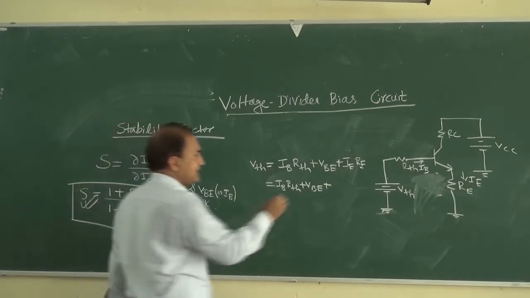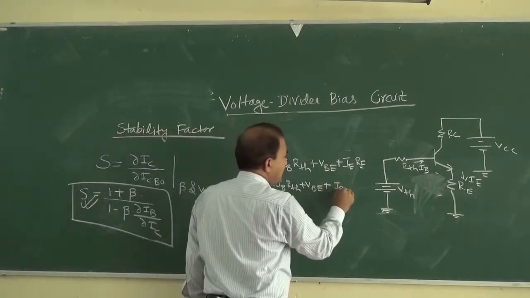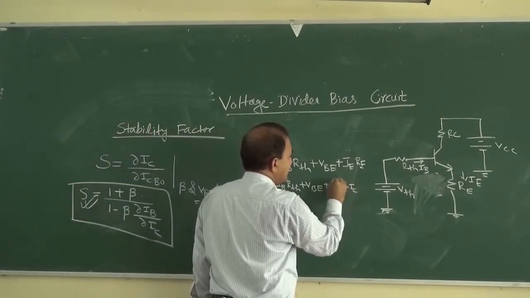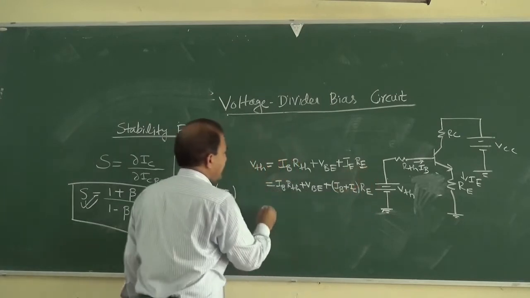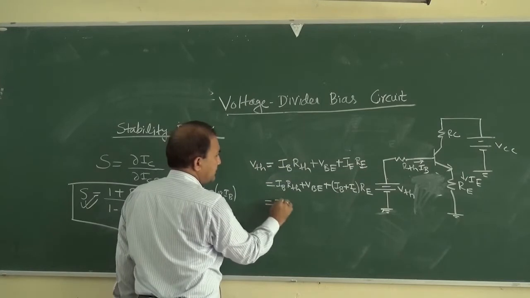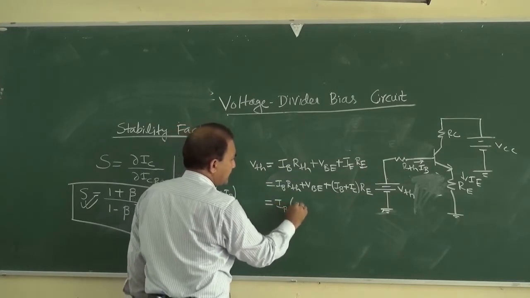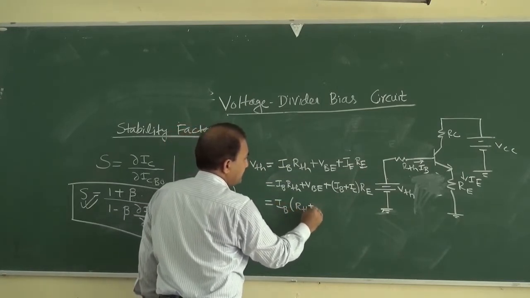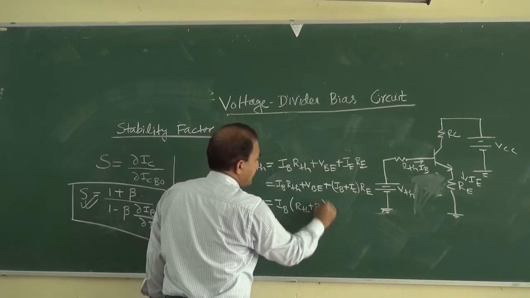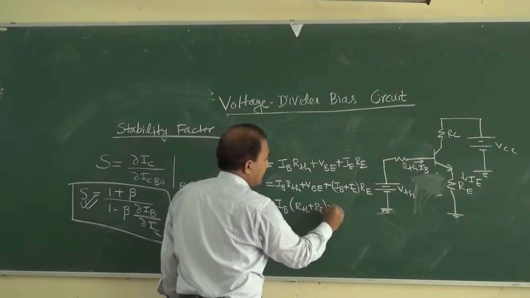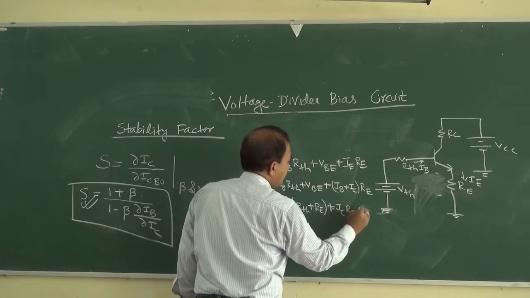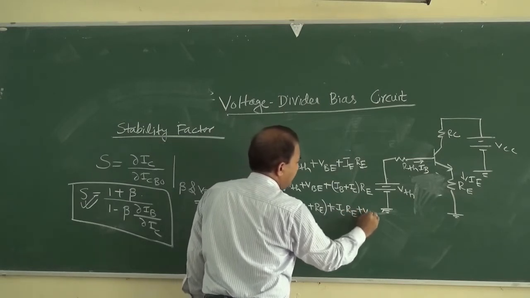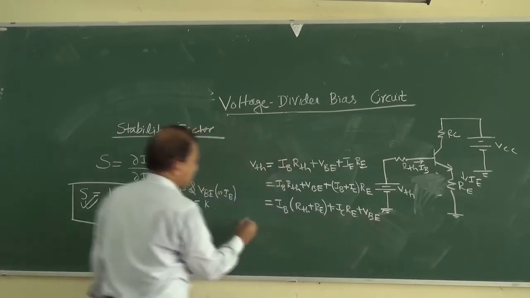What can we write? IE is equal to IB plus IC, multiplied with RE. So it is equal to IB RTH plus RE plus IC RE plus VBE.